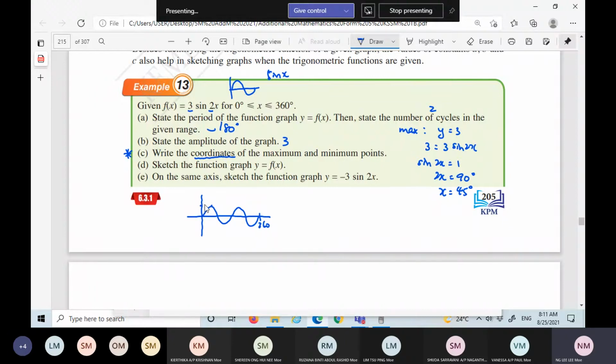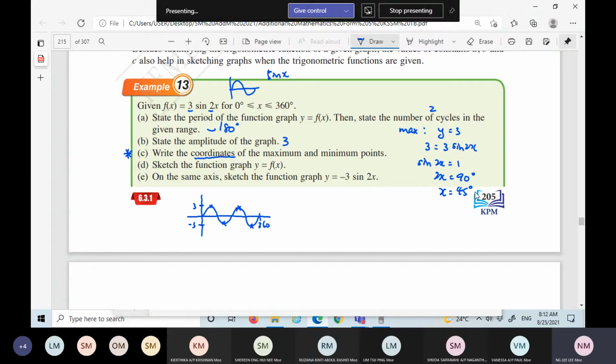Here this is the maximum, the amplitude, which is 3. You see? 1 point, 2 points. So there are 2 maximum points, and the same for the minimum points, here is -3. So 2 minimum points and 2 maximum points.